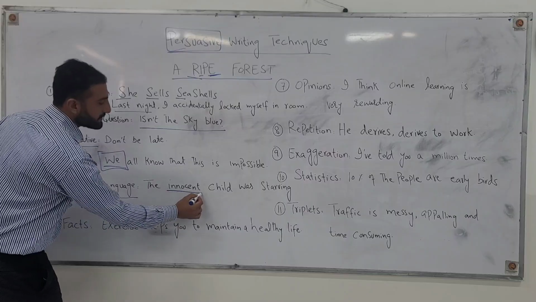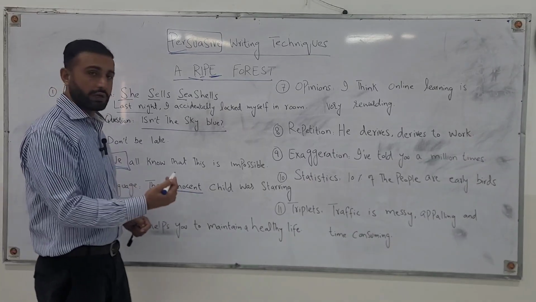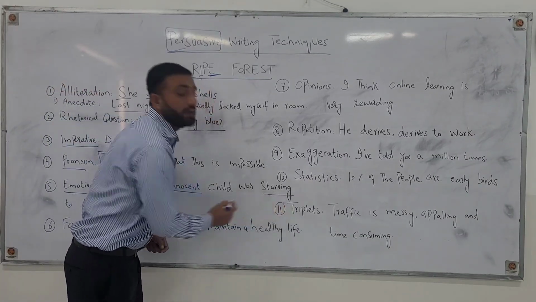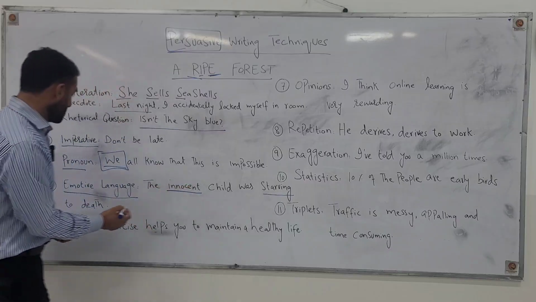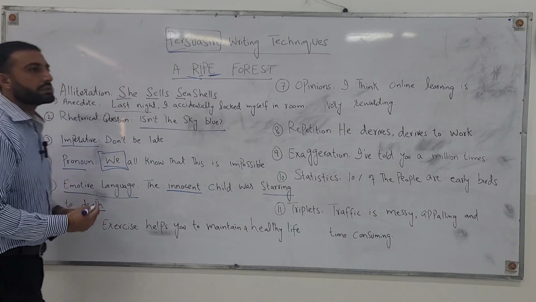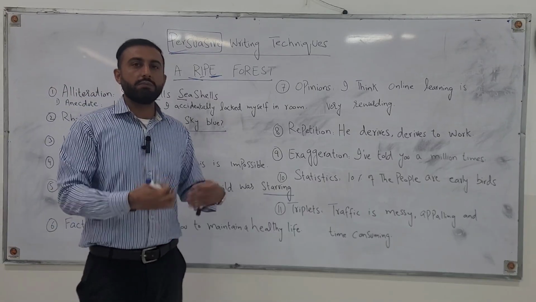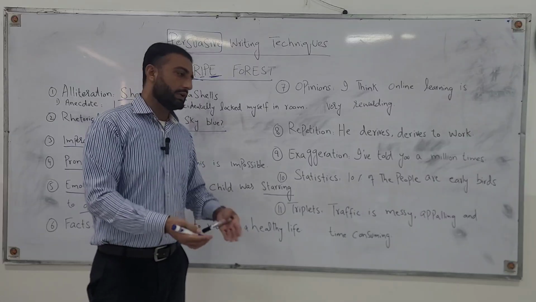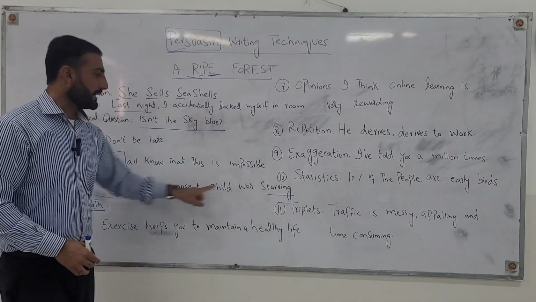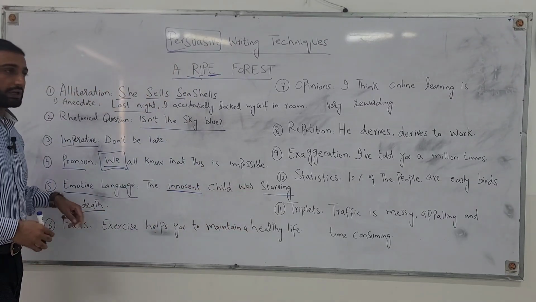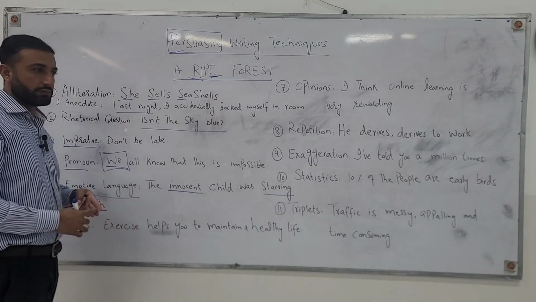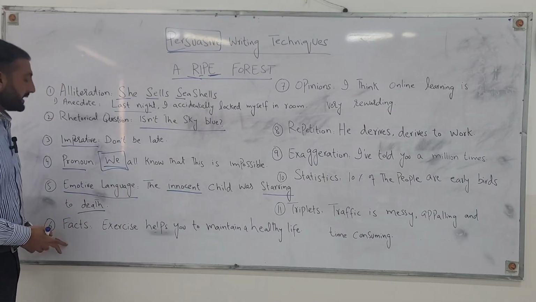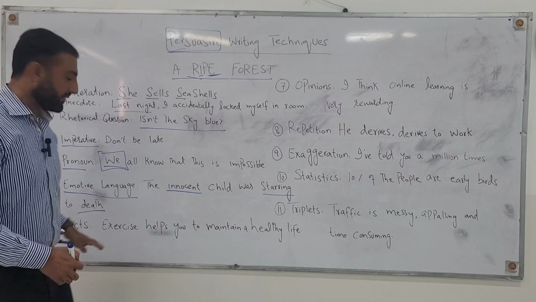The word innocent itself is invoking emotion, then starving is invoking emotion, and then death. These are some of the words which show emotions. It brings emotion to your reader. So you are employing these things in your writing in order to be more persuasive, in order to be more convincing. Now the next is F. F stands for facts.